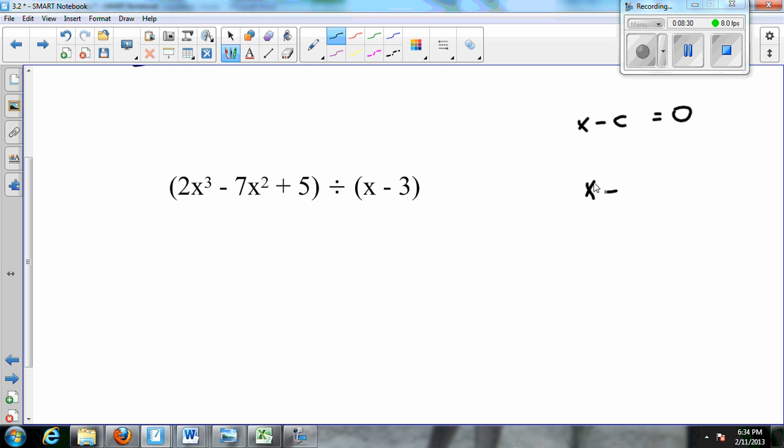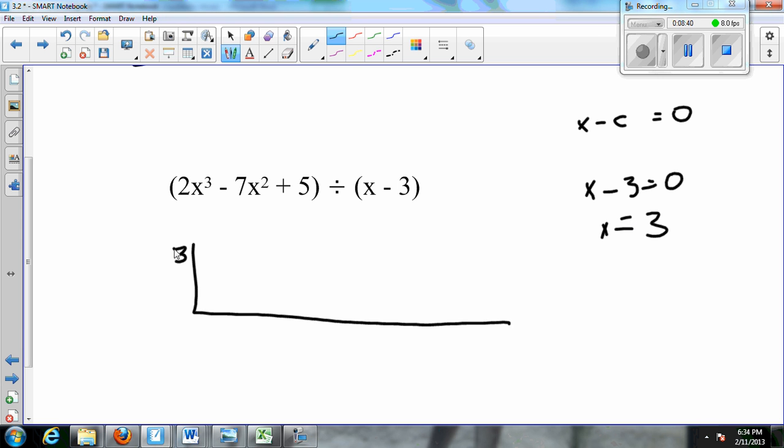So in our case, x minus 3 equals 0, so x equals 3. So 3 goes on the outside. We put a half box. And then we put in our coefficients in order of degree. We have a degree 3 polynomial, so it goes 2, negative 7. We don't have a degree 1, so we have to put in 0, 5.